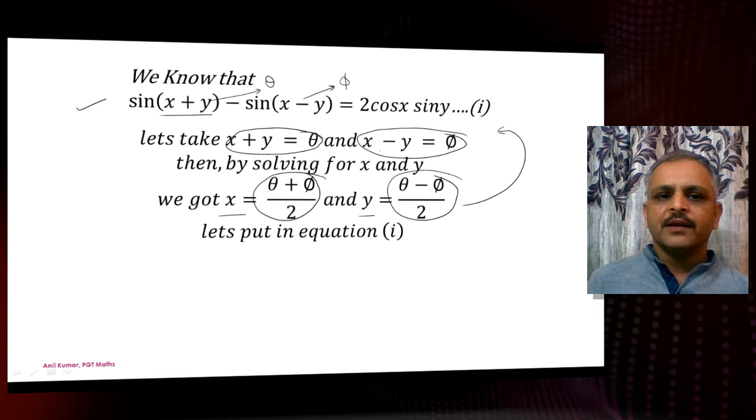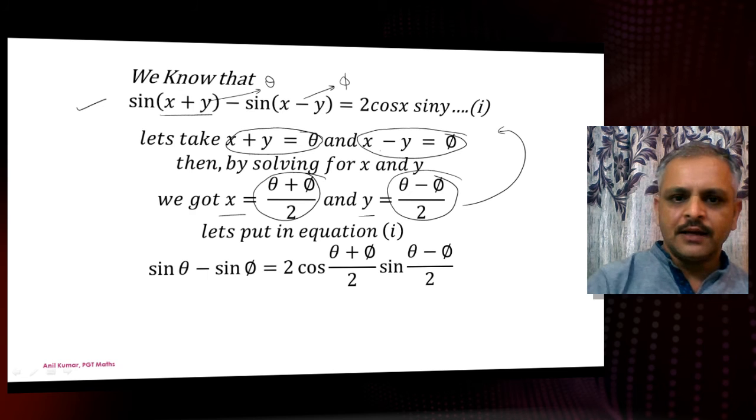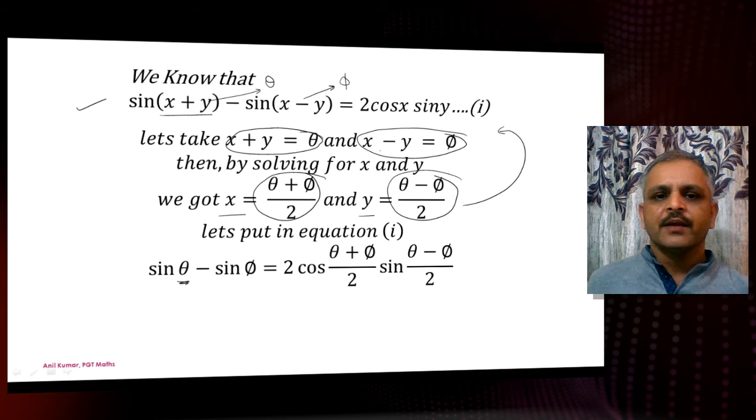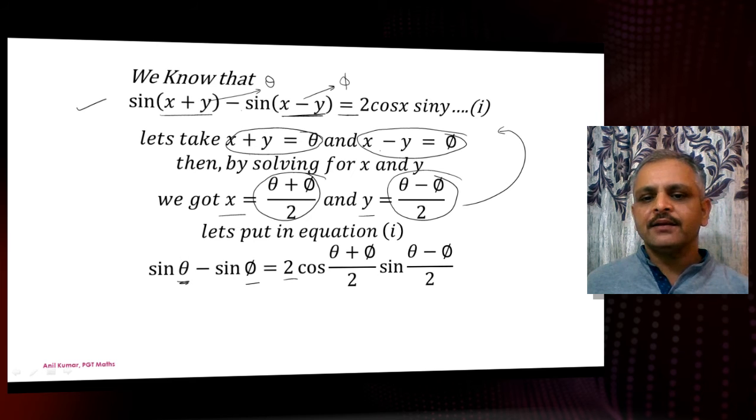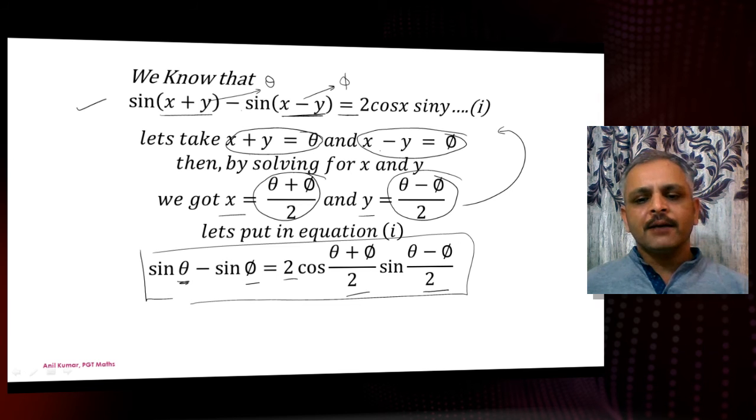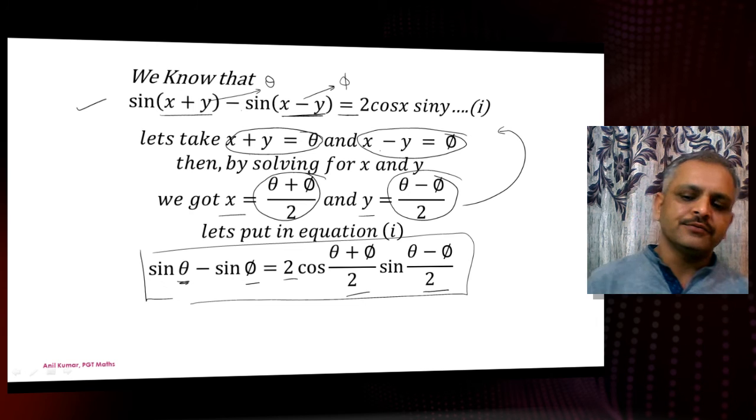Sin theta minus sin phi is equal to 2 cos of (theta+phi)/2 sin of (theta-phi)/2.